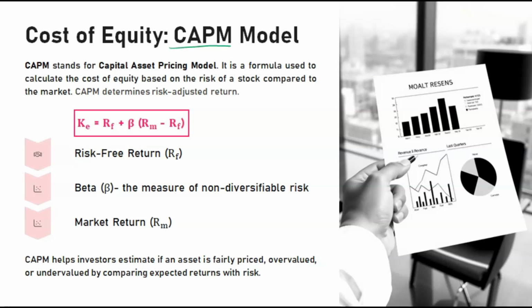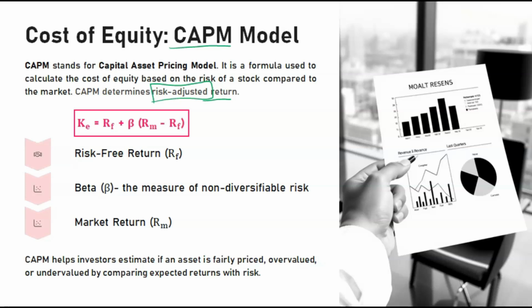Whatever return it gives us will be a risk adjusted return, the return after adjusting for risk. Because risk will be there in every business. If you are running a business or have invested your money somewhere, you don't know whether you are going to get that money back or not. So risk will be there.